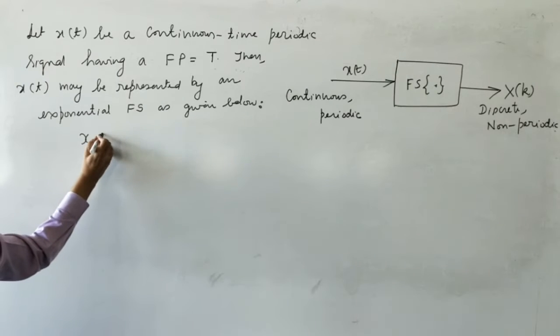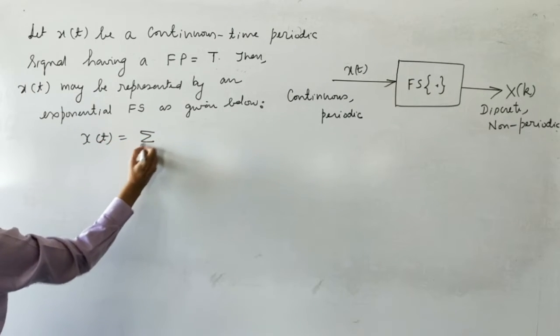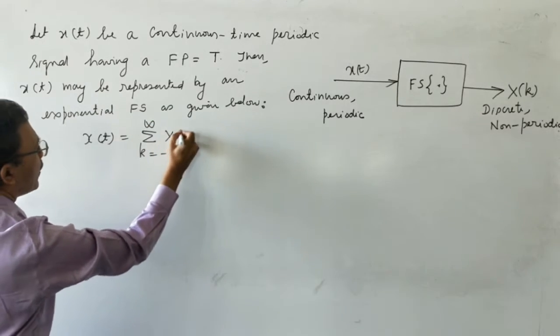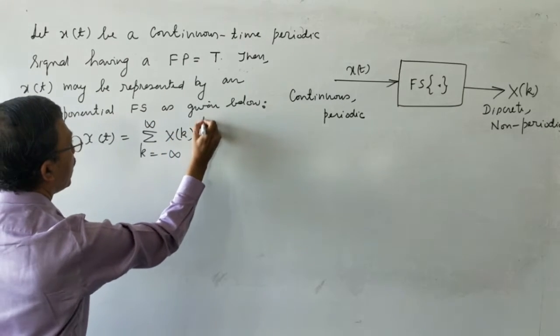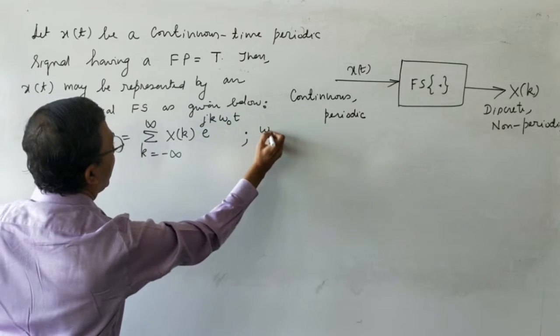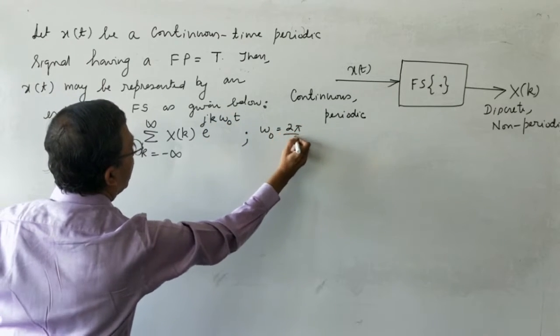X of t is equal to summation k equals minus infinity to plus infinity x of k into e to the power jk omega naught t, where omega naught is equal to 2 pi divided by T.